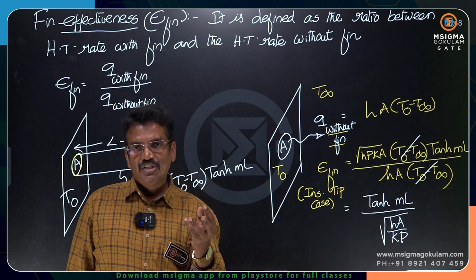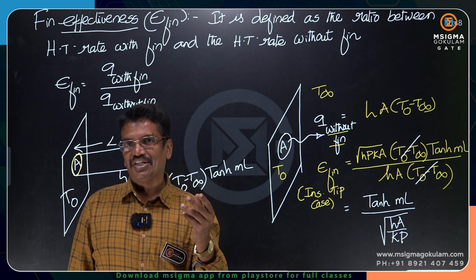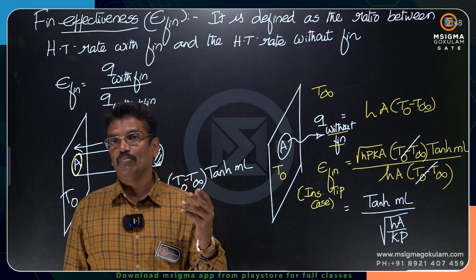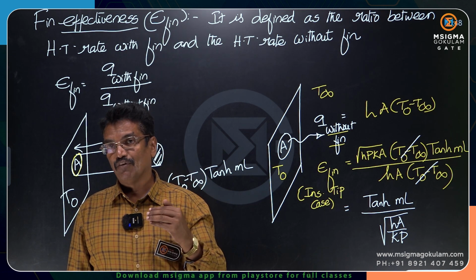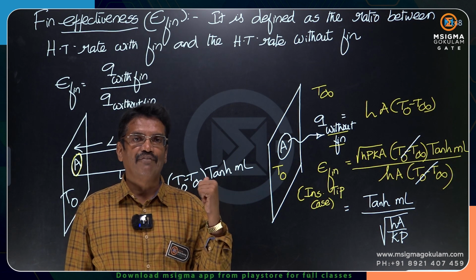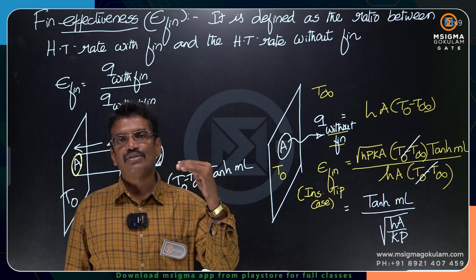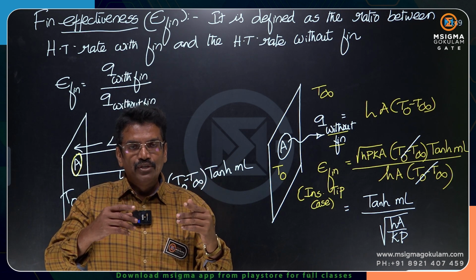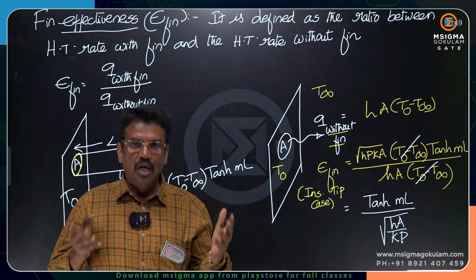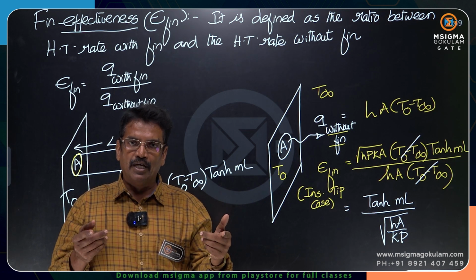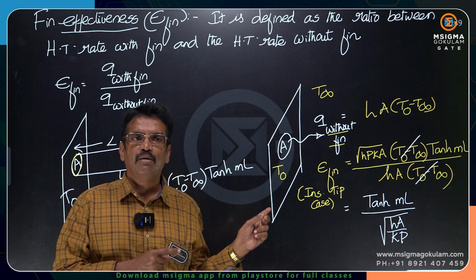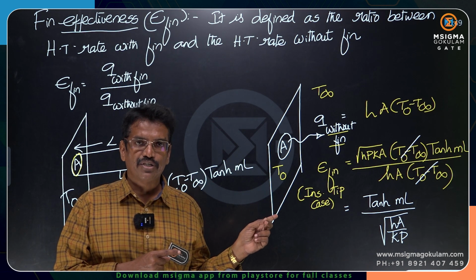That means how much percentage increase in heat transfer rate we are able to observe by keeping the fin as compared to the case where there is no fin. That is given by this effectiveness. Effectiveness of the fin is telling whether the fins are really helping us or not. Are the fins useful or not? That particular answer can be given by seeing this definition called effectiveness.